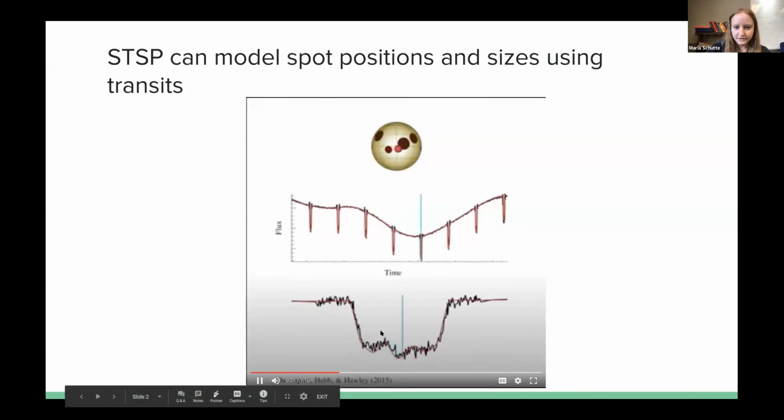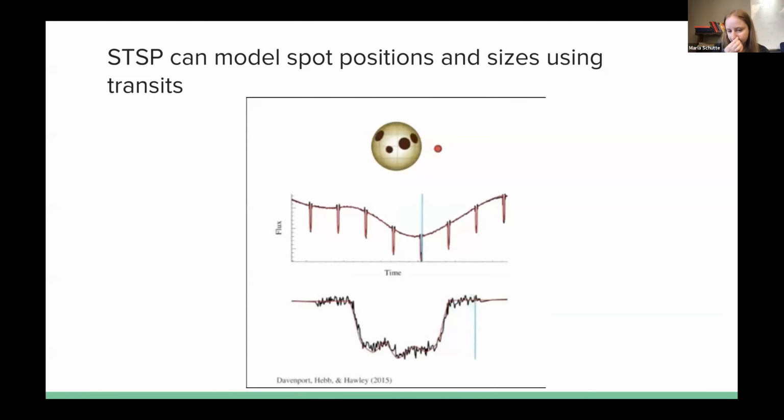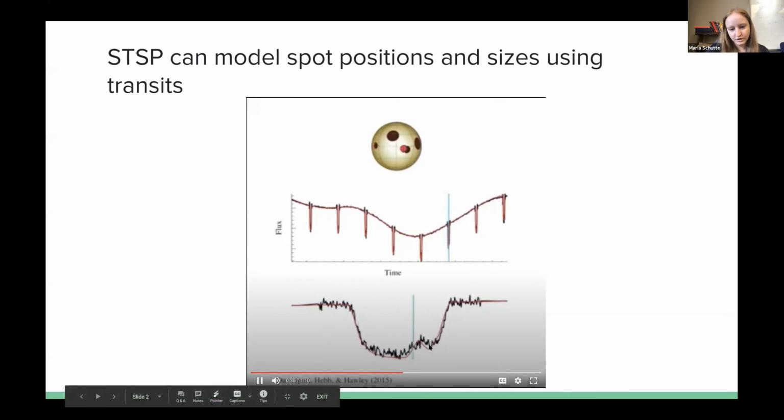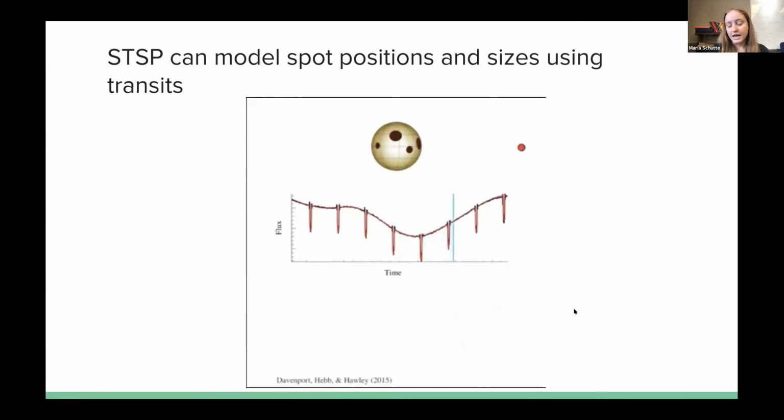As the planet or other object crosses in front of the star, if there's a spot in the path of the secondary, there is a large or somewhat large bump in the light curve. This allows us to model the size of these bumps and also where on the star these bumps are located, thus giving us some idea of what the stellar surface looks like.